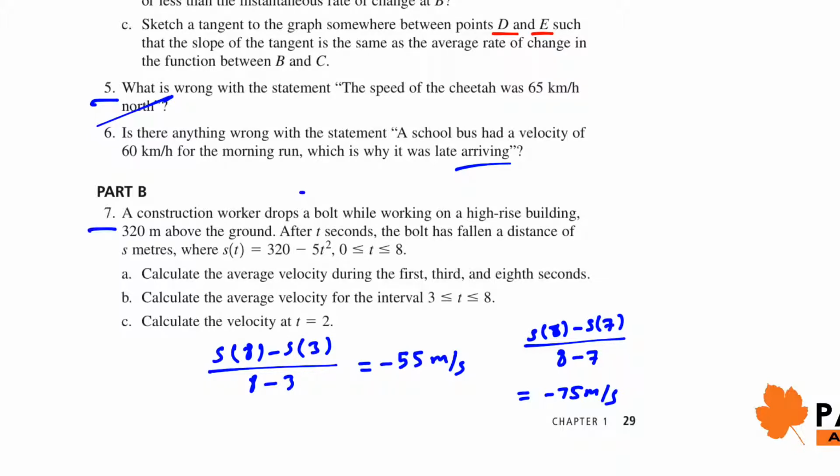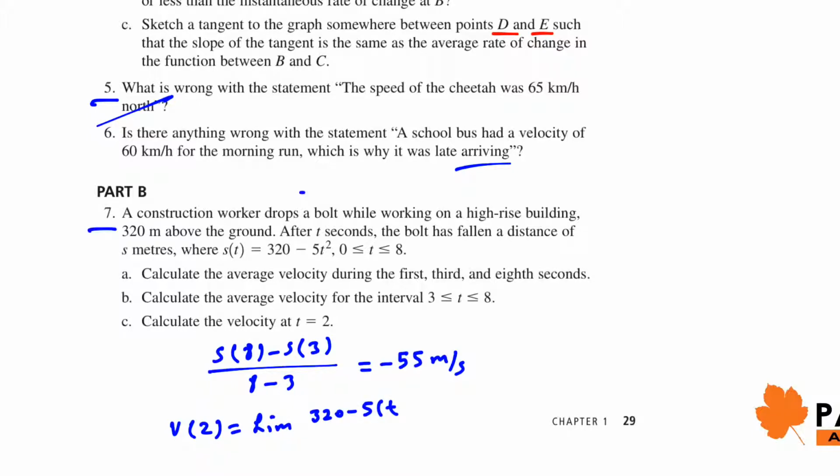Calculate the velocity at t equals 2. We are looking for instantaneous velocity. Velocity at 2 is the limit of 320 minus 5 times (2 plus h) to the power of 2 minus 320 plus 20, divided by h as h approaches 0.